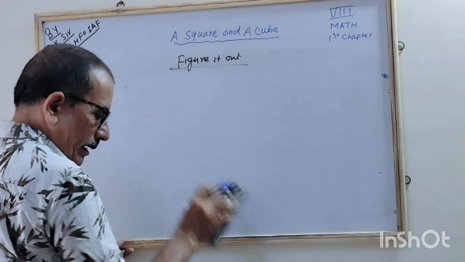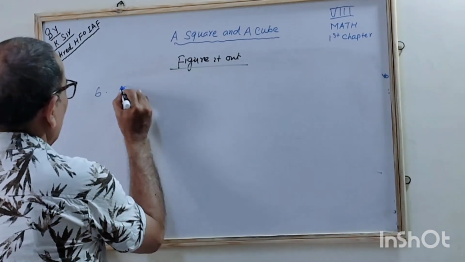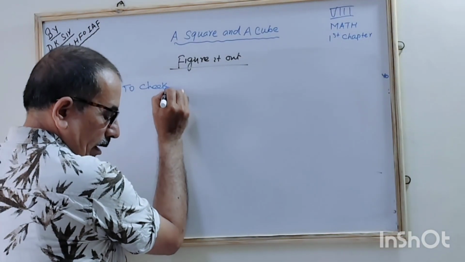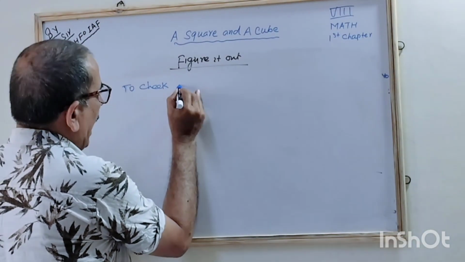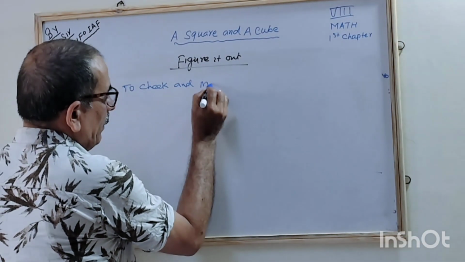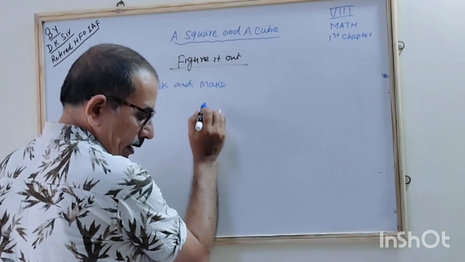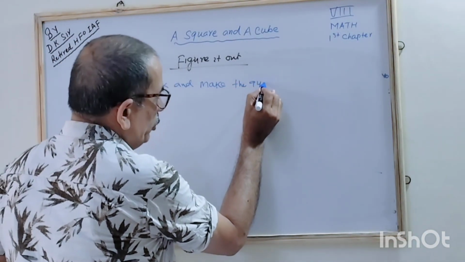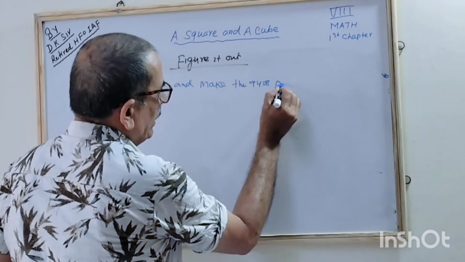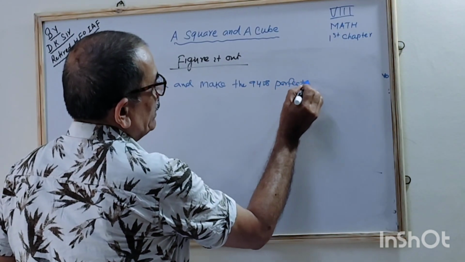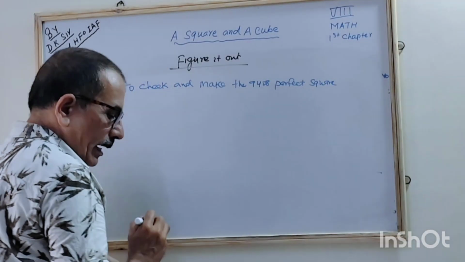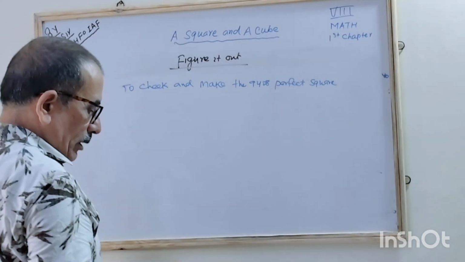To check and make 9408 a perfect square. So we have to check whether it is a perfect square or not. If it is not, then we have to make it one.